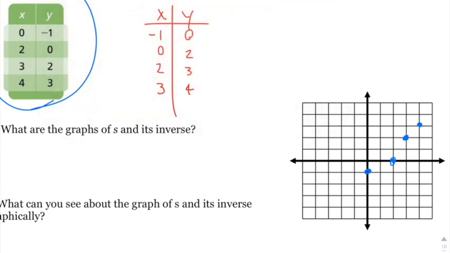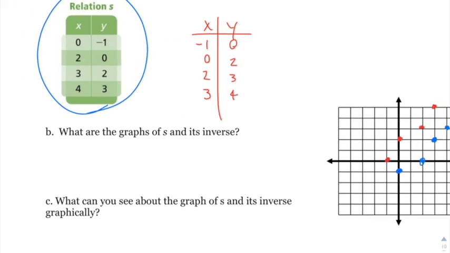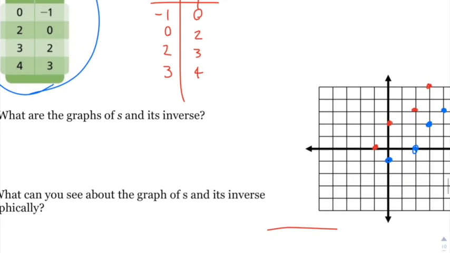All right, the next one, if we do that, we have -1, 0. You have 0, 2. You have 2, 3. And then you have 3, 4. Kind of like that. And what can you see about the graph of S and its inverse?